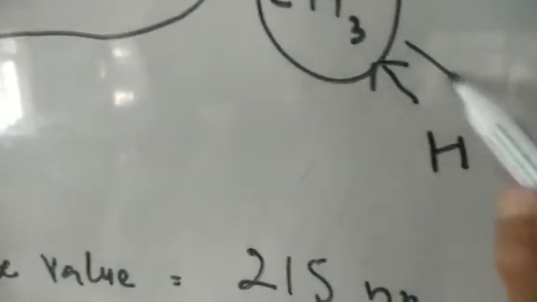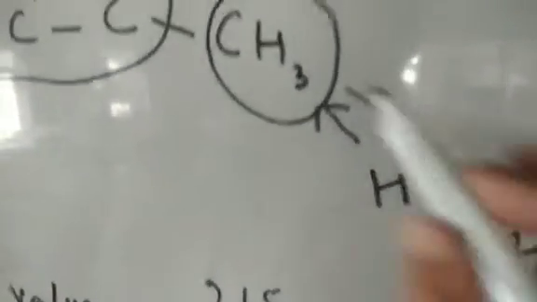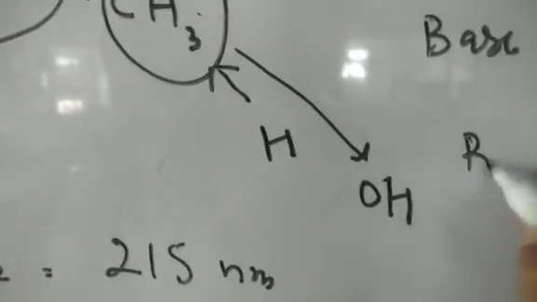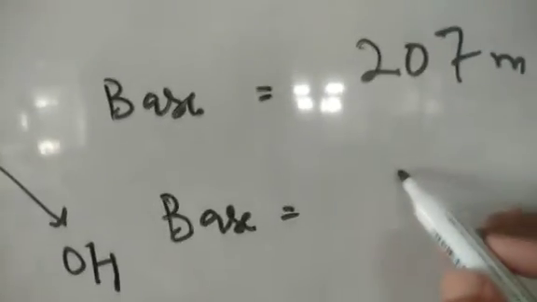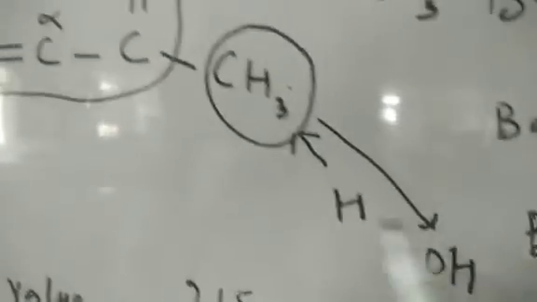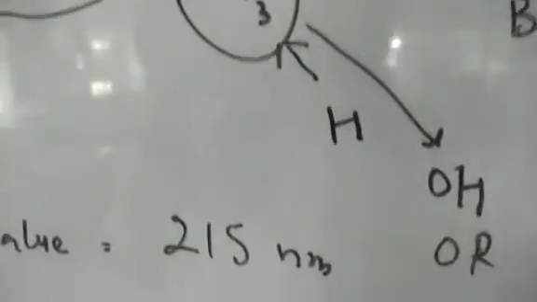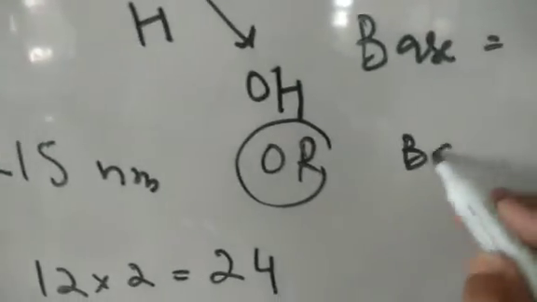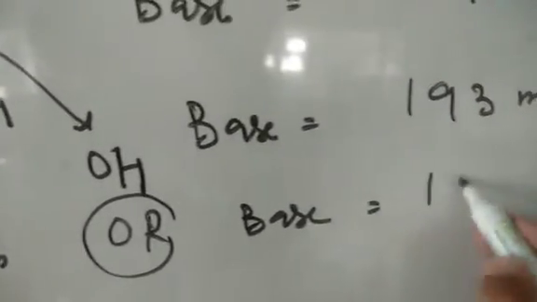Now if it is OH, the third possibility, it's like acid functionality, an alpha beta unsaturated acid, and the base value will be around 193 millimicrons. Same is the case if we have OR, which is an ester group; this becomes an alpha beta unsaturated ester, and the base value is the same as acid, that's 193.